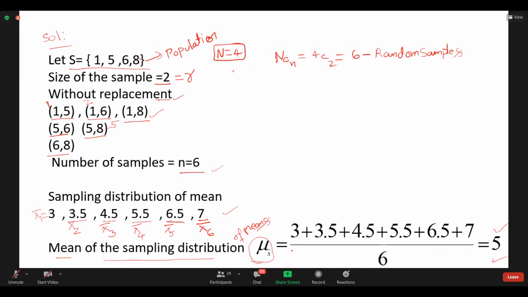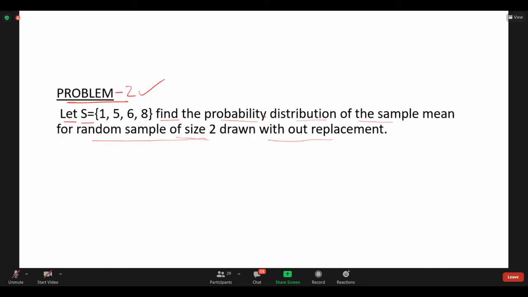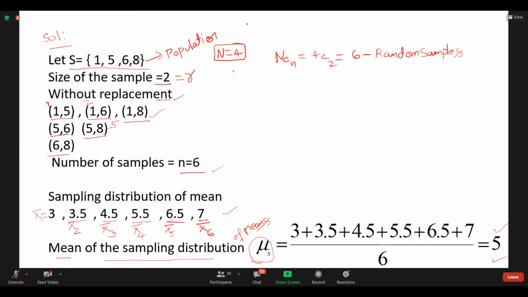Yeah, after that, we have to find the variance. Does anybody remember the variance formula? How to find it?